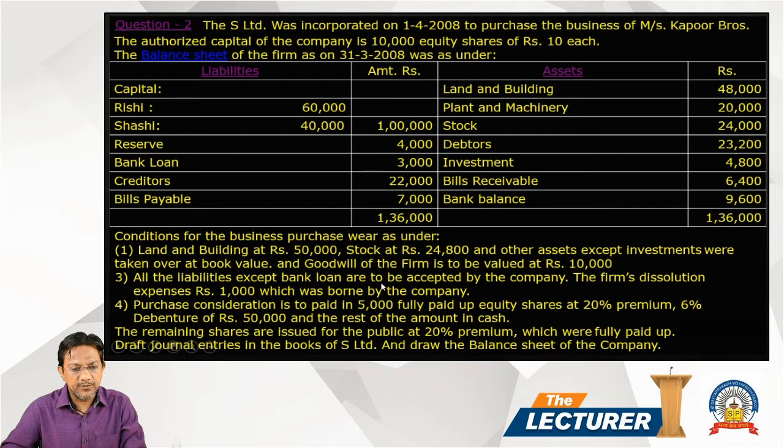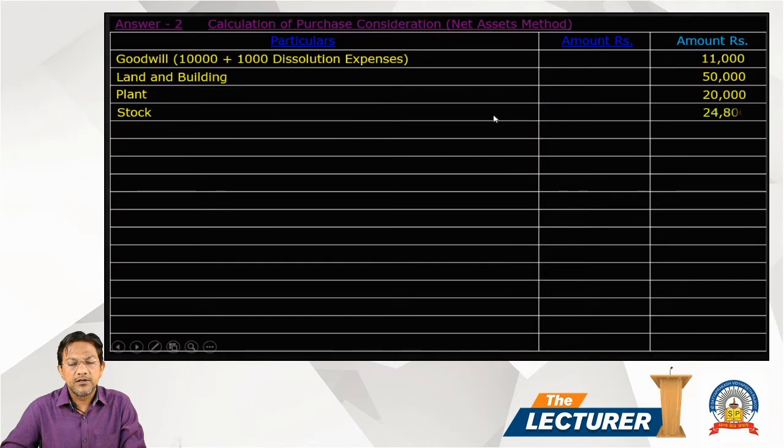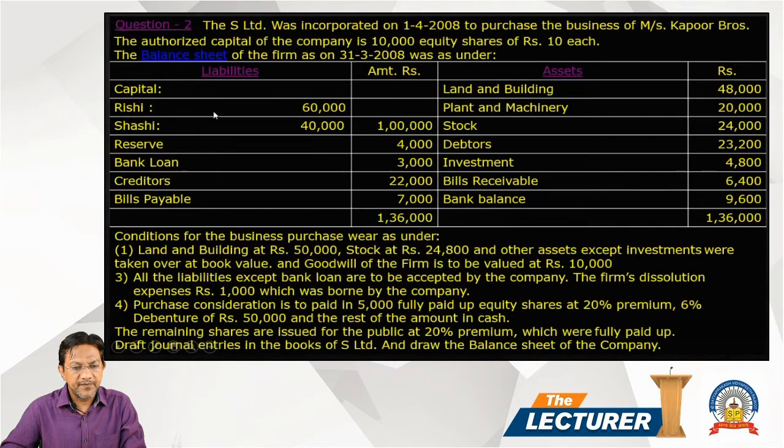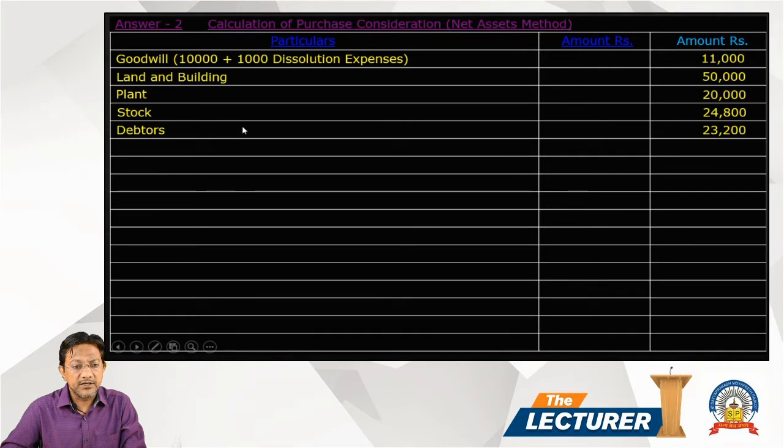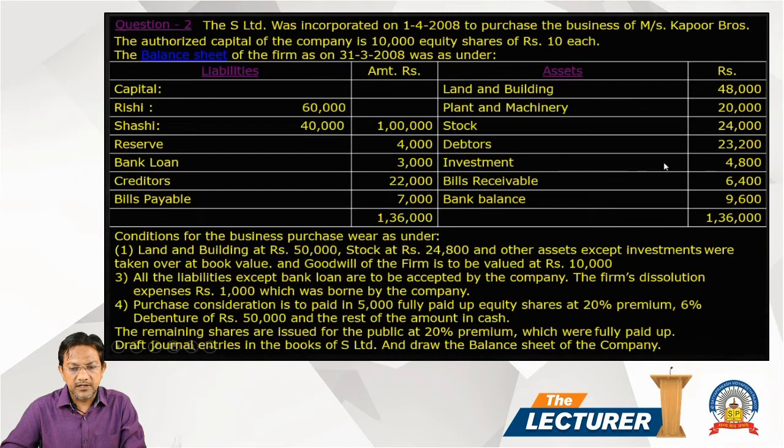Stock: for the stock they provide the detail, 24,800, so stock will be considered as 24,800. Now debtor 23,200, no adjustment for debtor, so consider the book value. Debtor 23,200. Then investment is not taken over, so investment is not considered.